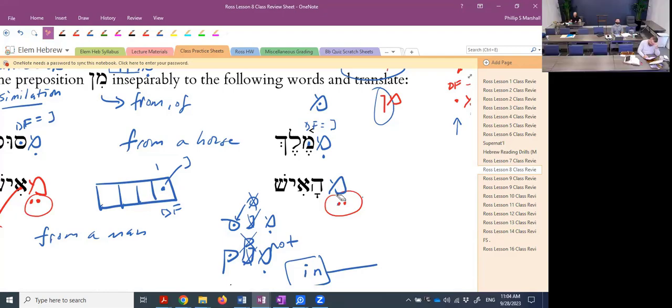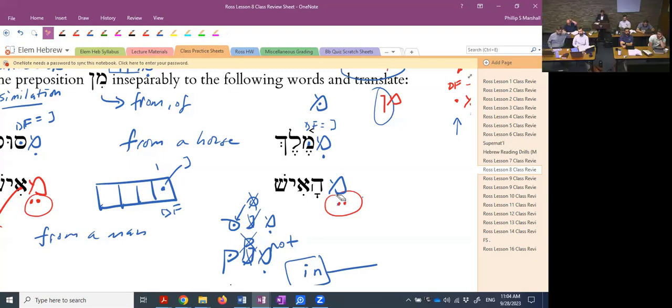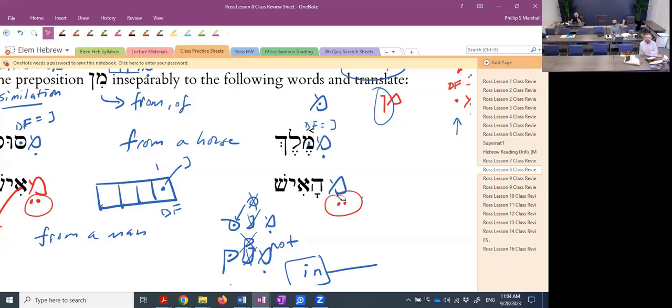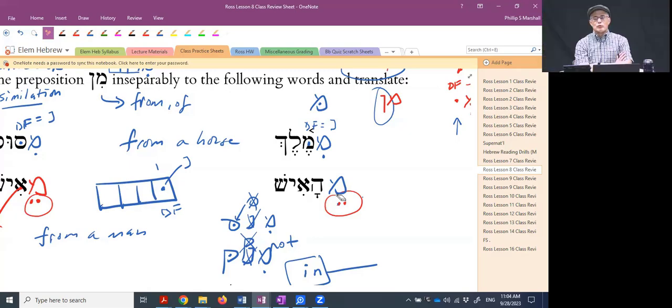Dr. Marshall, so there was a lengthening here. So the rules from lesson 6 on the article being attached to nouns that start with guttural letters, those lengthenings or doublings were really only for the article. They won't also be for other situations. Right. Not necessarily for the other place.